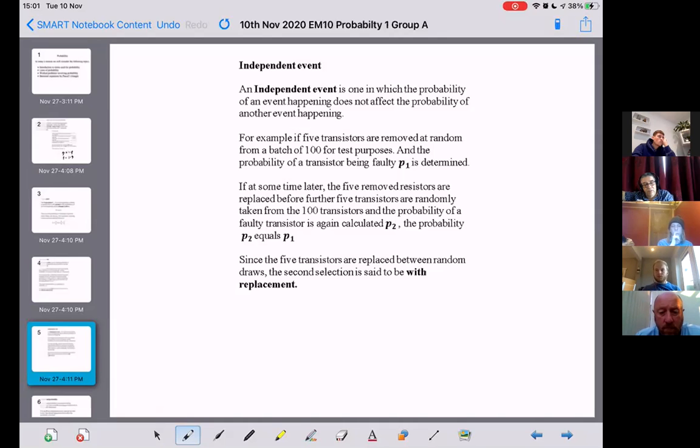Then we get a second probability P2, and P2 is equal to P1 in the sense that they're not affected by each other. Since the 5 transistors are replaced between the random draws, the second selection is said to be with replacement. So that's the difference between a dependent event and an independent event. If the sample changes, then one is dependent on the other. If the sample size stays the same, then they're independent.